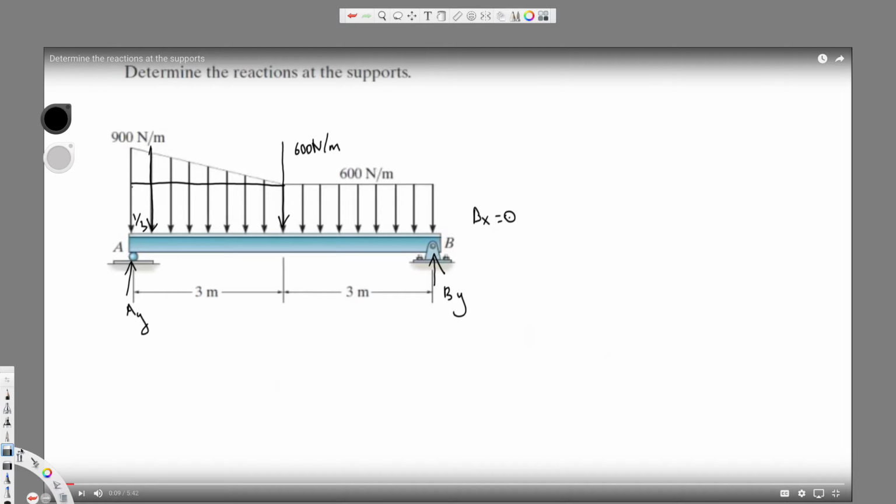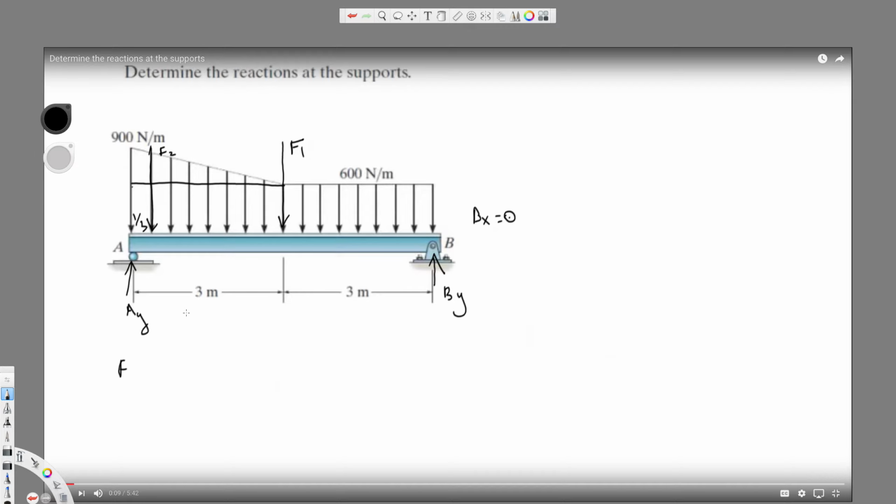So since we have this information, this is not 600 because we don't know. Let's say this is F1 and F2. We have to find these forces. To find these forces, I can use the area rule. So if I find the area of the rectangle, I can find the force.